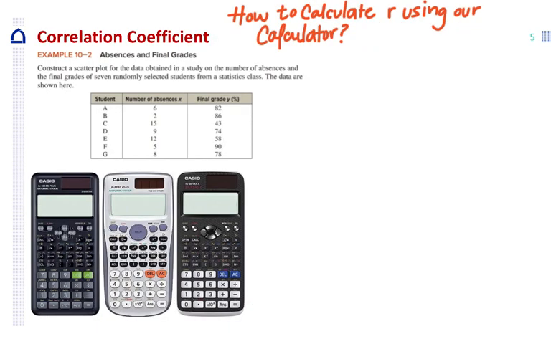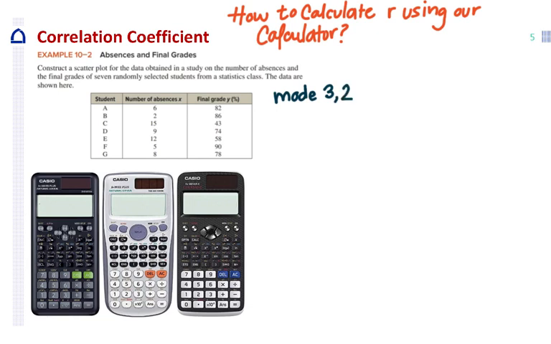So I want to do an example where we calculate R using our calculator. Remember, I showed you that very complicated formula, but for us in this course, there is a way using our calculators to calculate R. So the very first thing you're going to do is press mode 3.2. As you remember in LO1, we pressed mode 3.1.